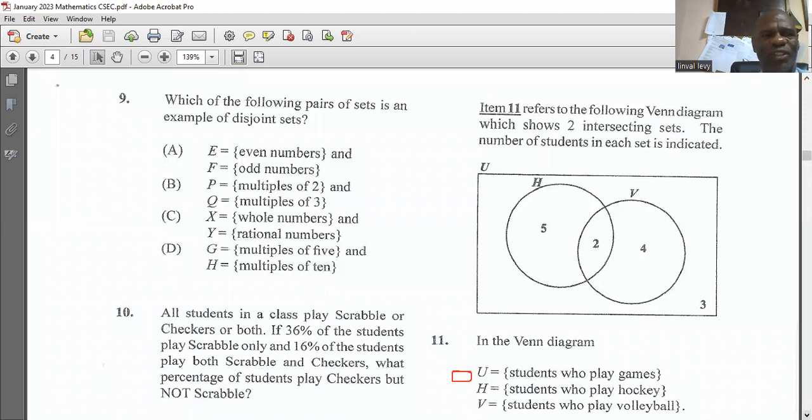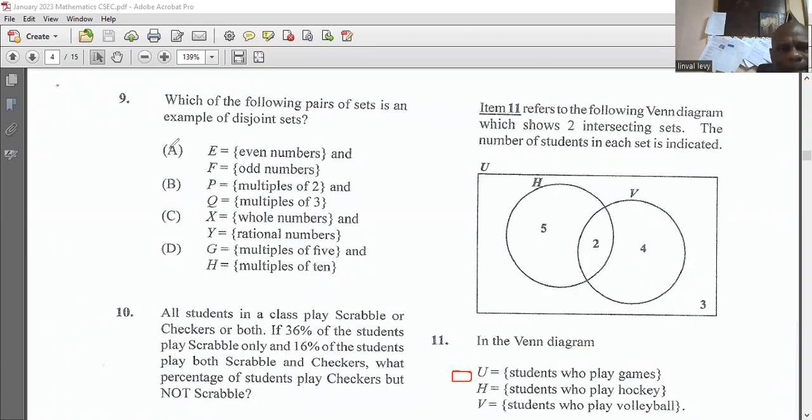So let's take set A. You have even numbers and odd numbers. Do we have any even number that is also odd? No. None of the even numbers are odd. So that would be a disjoint set.